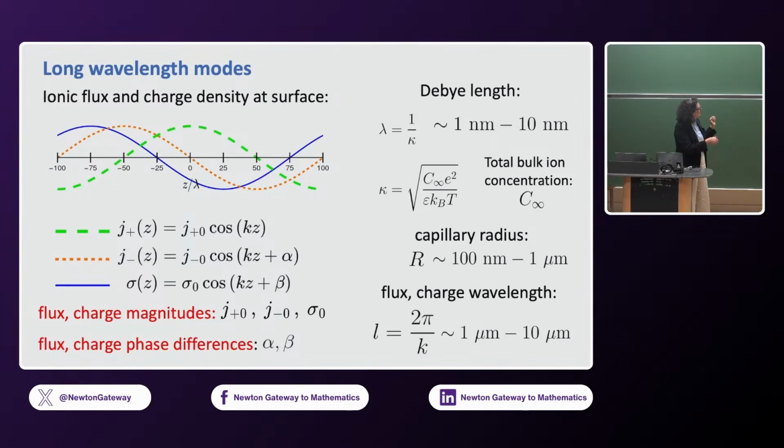So suppose these are the flux, positive, with some magnitude, and it has a cosine wave here. And then you have the negative one out of phase, or with alpha modified, or in general, you could have any values. And for the charge density, we assume it is also oscillating like that.